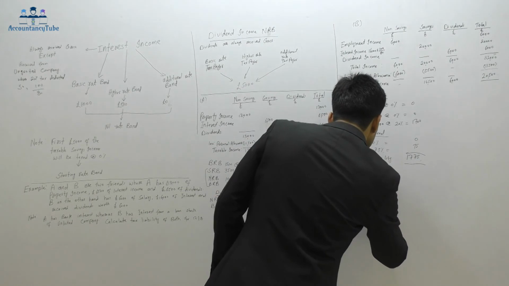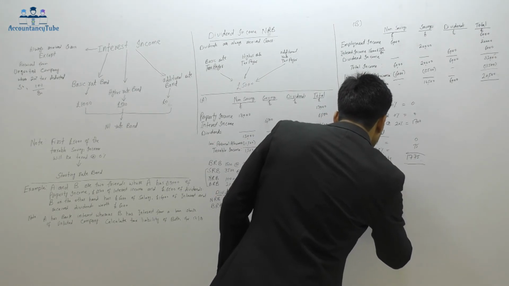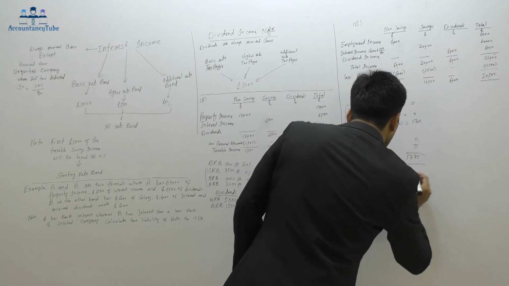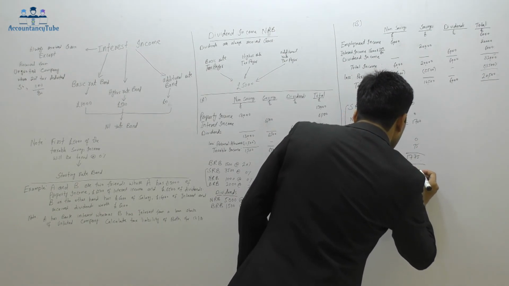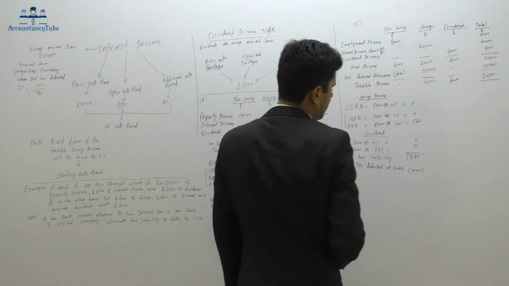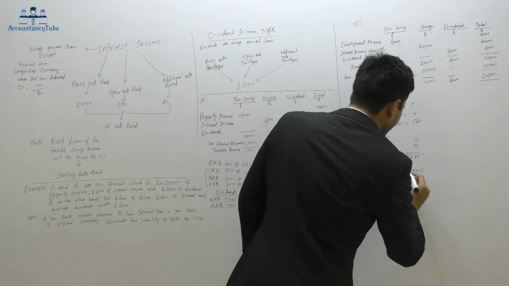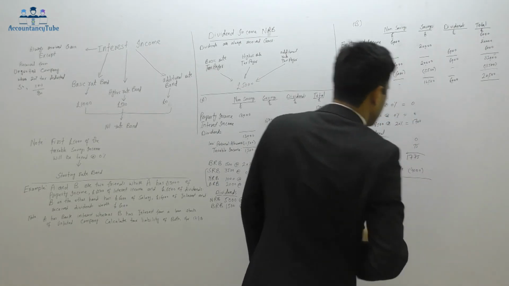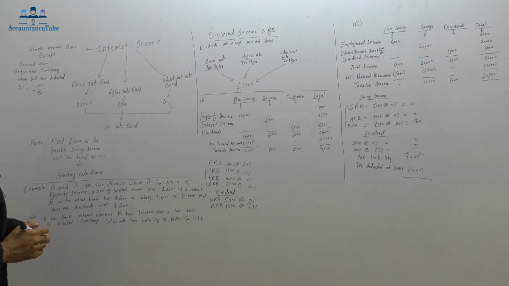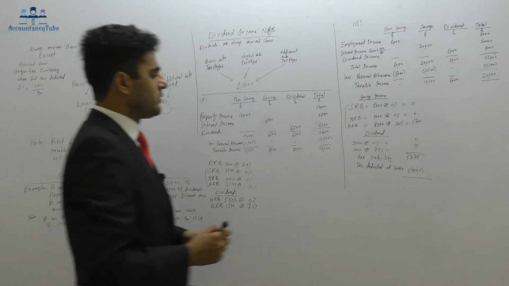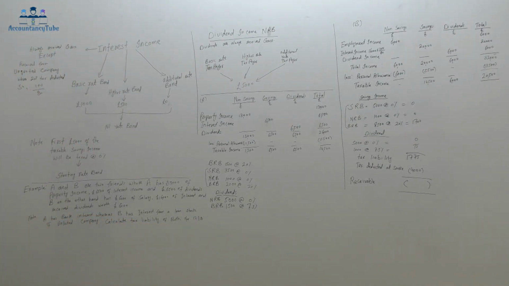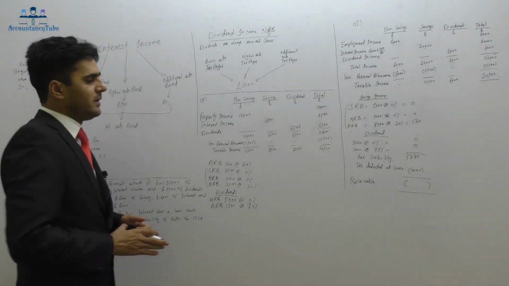Now tax deducted at source, how much was it? Tax deducted at source was £4,000. So if we deduct 1,775 out of the £4,000, whatever the total amount is, that is our tax receivable from HM Revenue and Customs, because we have overpaid it.